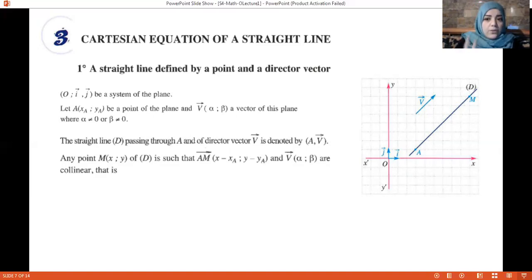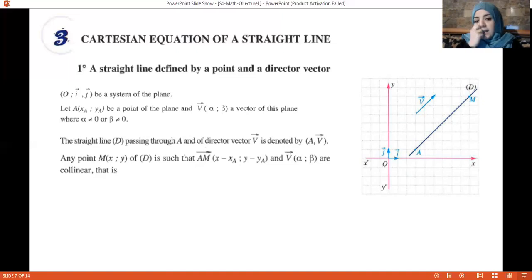And you know that those two vectors, AM and V, are collinear. And from the previous chapter, you know how I can tell that two vectors are collinear: xy prime minus x prime y should be equal to 0. So I'm going to apply this, which is xy prime minus x prime y.